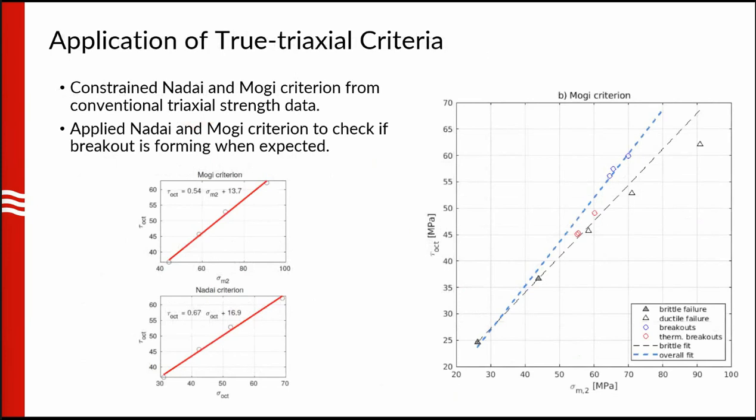I'm just going to go over this very quickly, because the details are still in discussion. We are looking at true triaxial criteria, Nadai criteria, and Mogi criteria, in order to see if these true triaxial strength data, rock strength criterion can help explain this discrepancy.